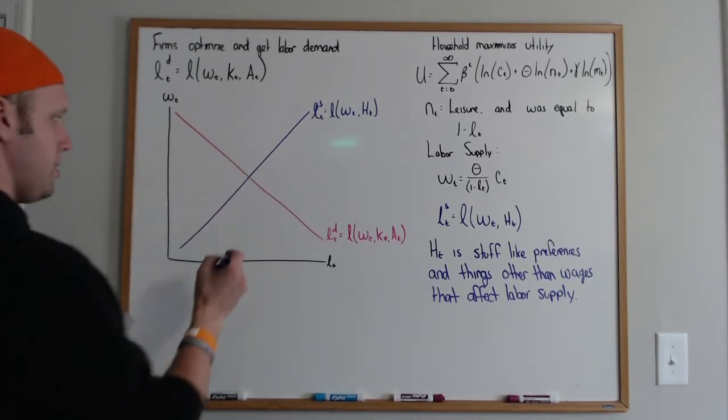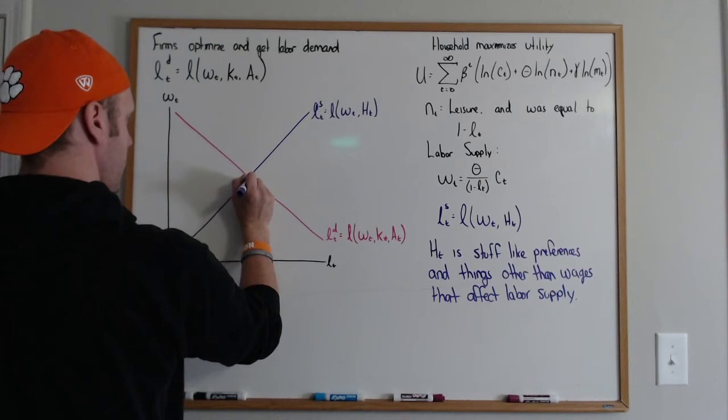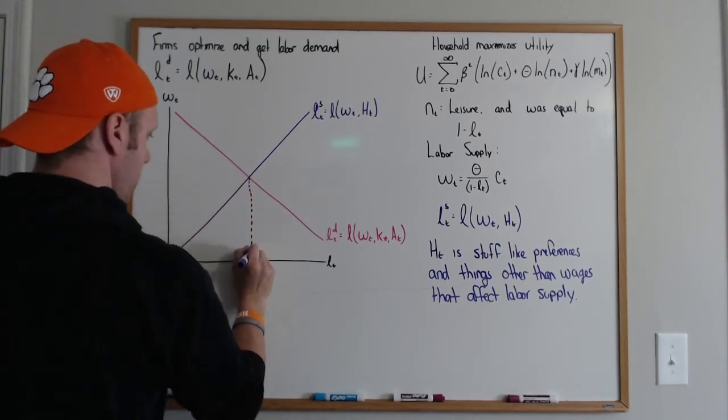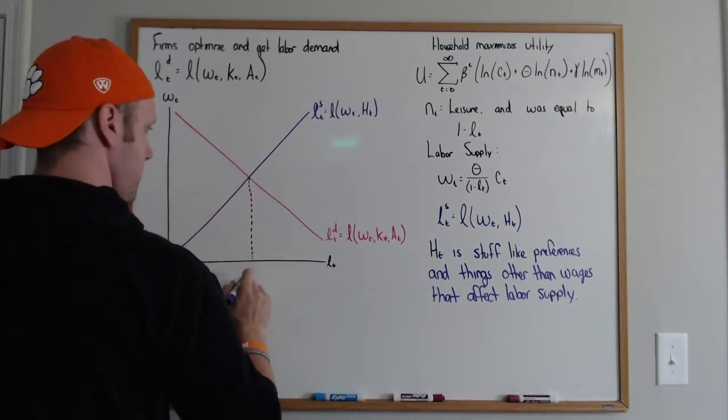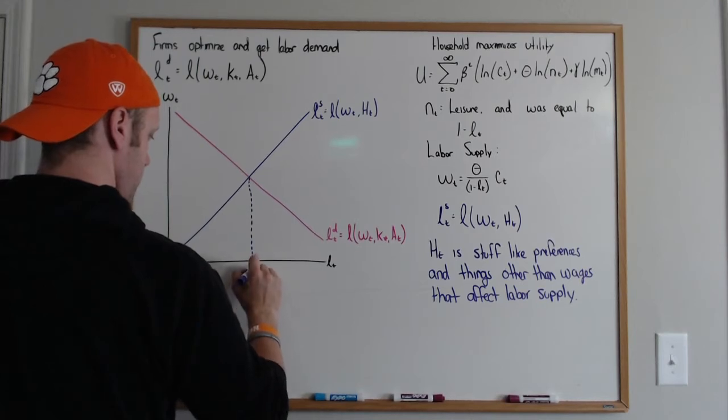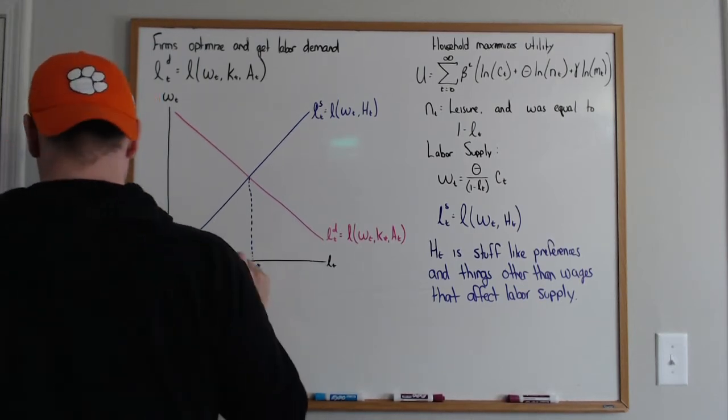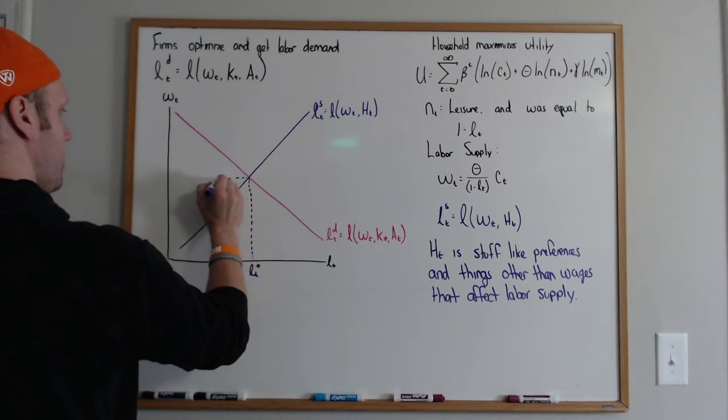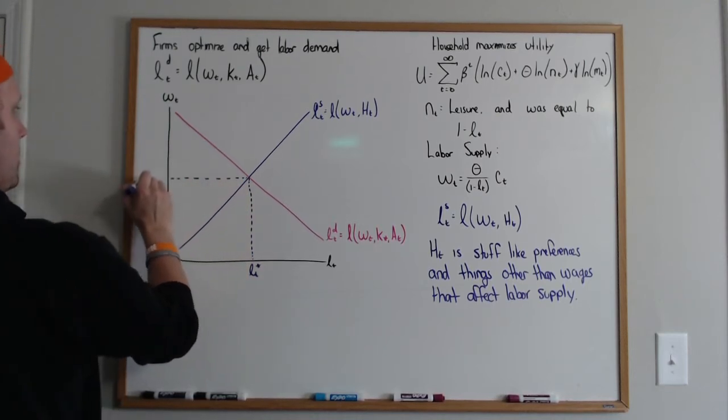And where the two intersect is where we get our equilibrium in the labor market. We can call that L_t star, and we can call this W_t star.